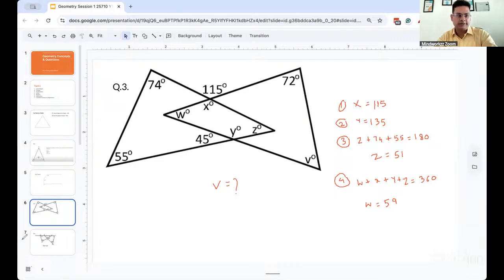Just cross check and let me know if this answer is correct. Just check the calculation.